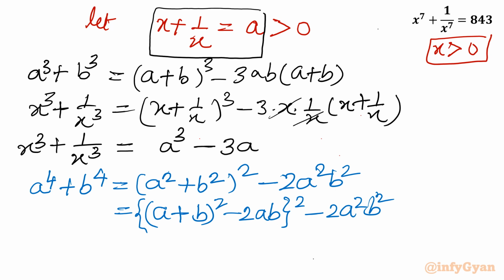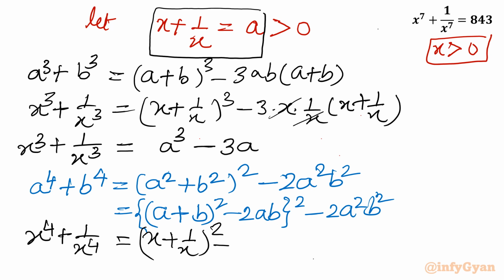Let's write in this context of this problem. So I will write x power 4 plus 1 over x power 4 equal to. Now I will write x plus 1 over x whole square minus 2 times x 1 over x whole square minus 2x square 1 over x square.